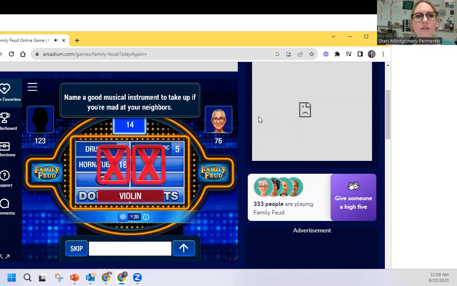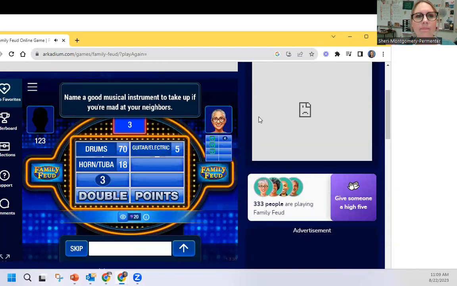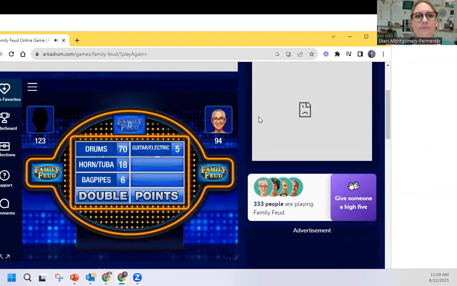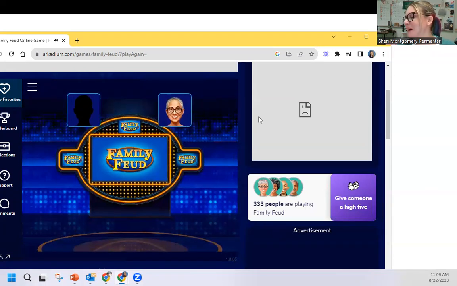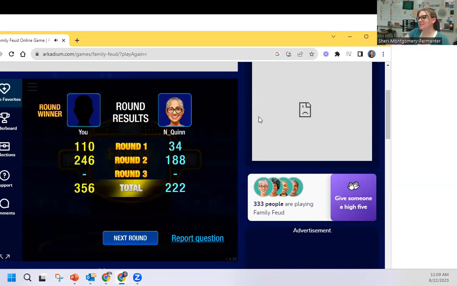Violin. Why? I feel like these are good ones. Reset. Bagpipes. Who's gonna take up the bag? It's that, like, you've got the big bag on, you're like the Scottish bagpipes. Who's gonna guess that one?